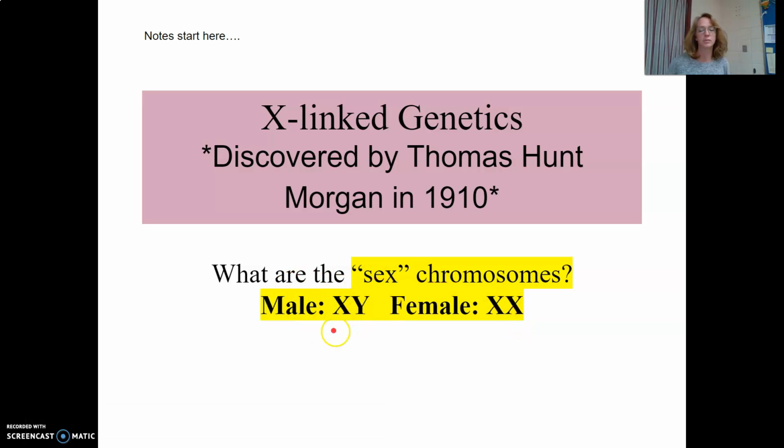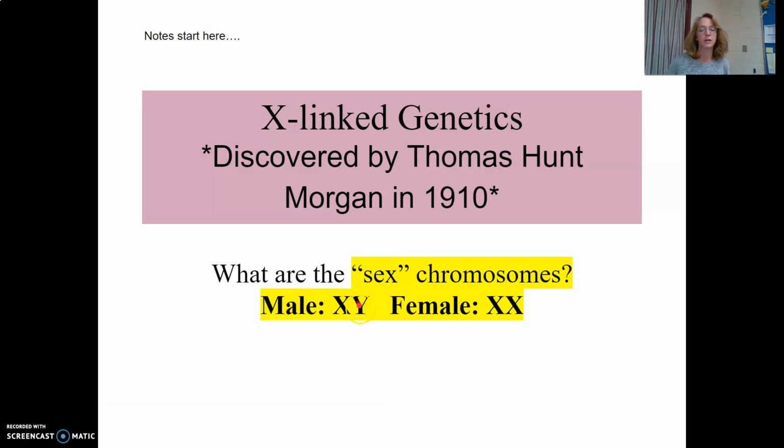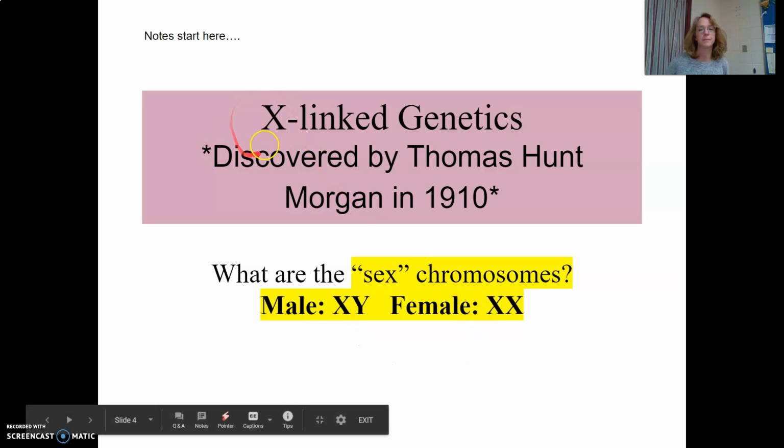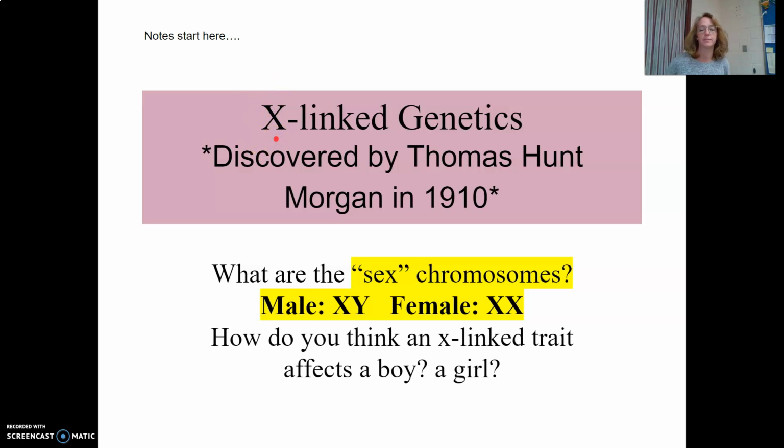Everybody has an X chromosome, so traits that are carried on an X chromosome can affect both genders. Anything on a Y obviously is a sex-linked trait, but it only affects males. There's really no inheritance patterns to study because only men can get this. So we study the sex-linked traits on X chromosomes. You can say sex-linked or more specifically X-linked, and basically you're talking about the same thing.